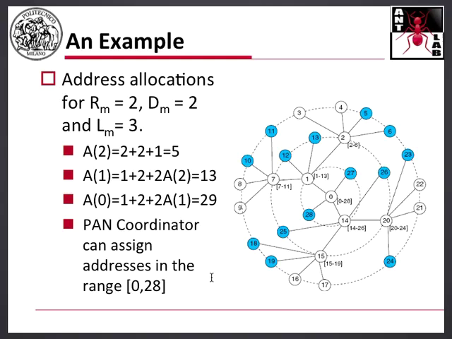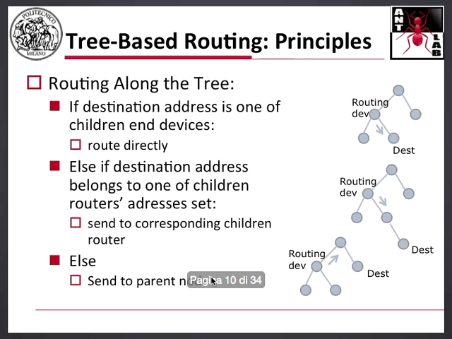Because addressing is totally governed by these fixed parameters, R of m, L of m, and D of m. So routing can be implemented just by knowing its own address, or where any node is placed in the tree. And that's exactly what happens in the tree-based routing protocol of ZigBee.